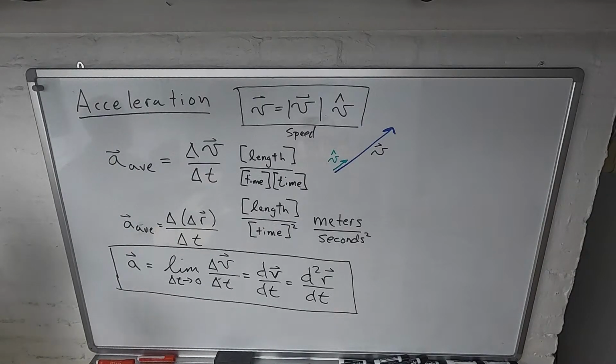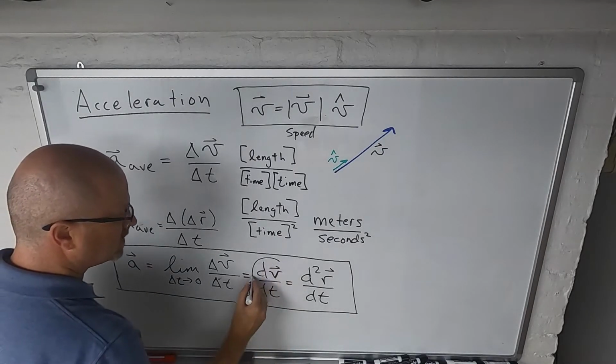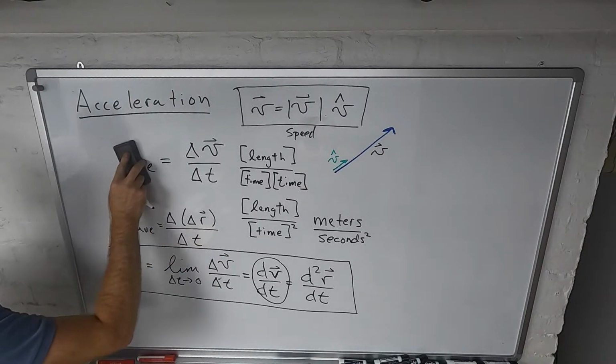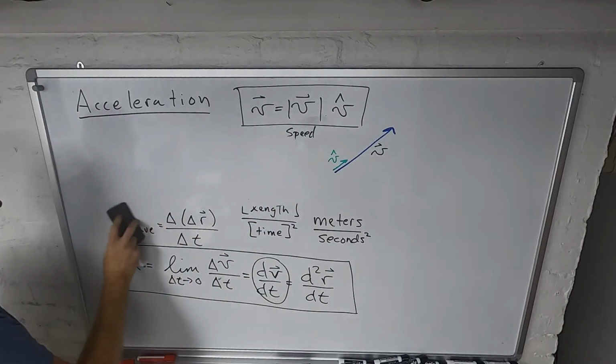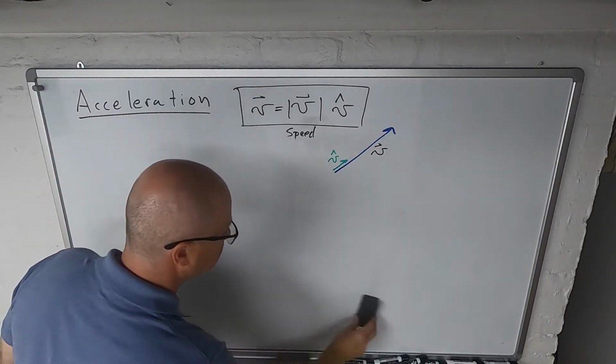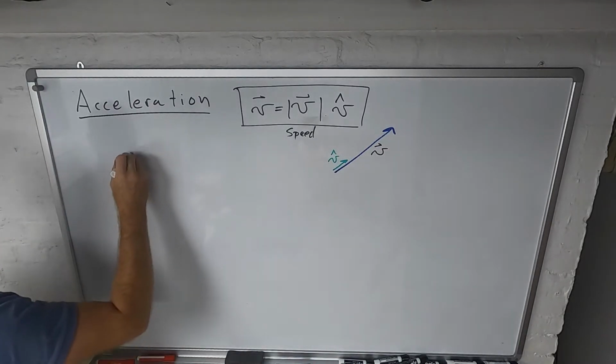Now, I'm going to pull back a little bit and think about this quantity here. dv dt, change in velocity with respect to time. Okay. So let's go ahead and look at that equation very closely because it's important.